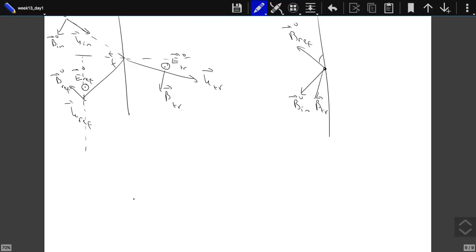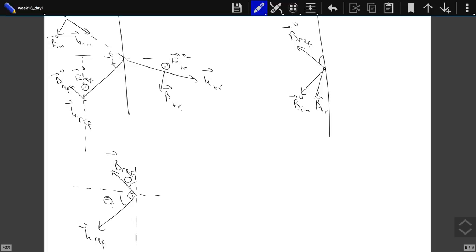Now I will just draw it again. So this is my interface. This is my K reflected. This is my B reflected. This is the perpendicular axis. These are perpendicular to each other. This angle is theta incident.